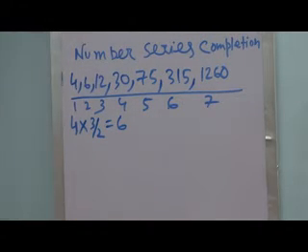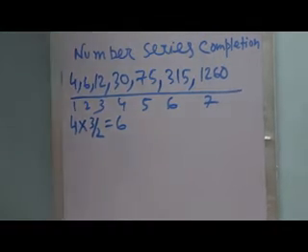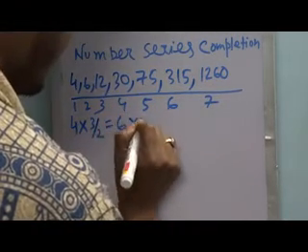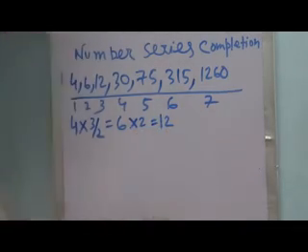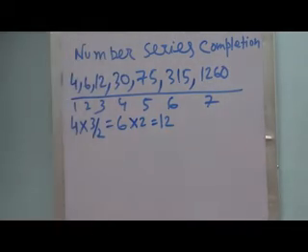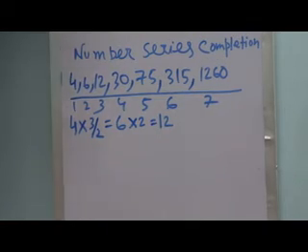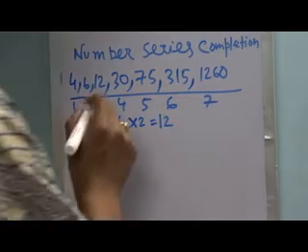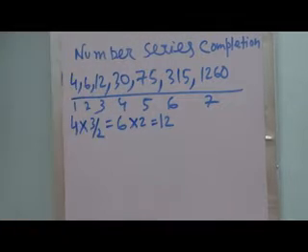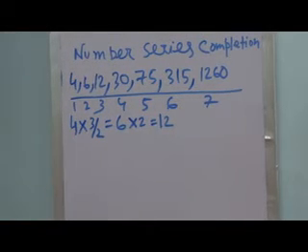Now, that is 6, and if we multiply 6 by 2, then we get the next number, that is 12. Now in the case of the numbers in the 3rd and 4th positions, what will be the logic?